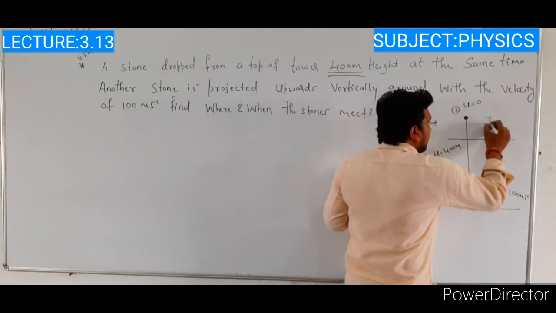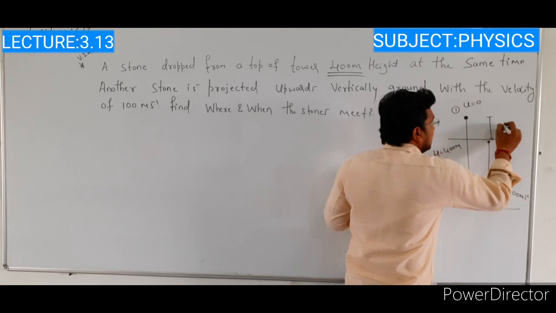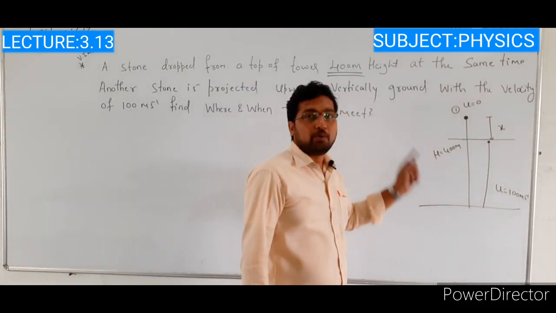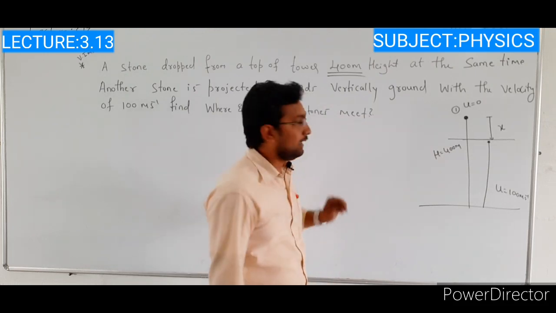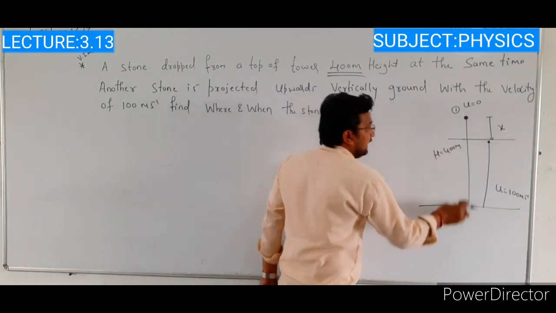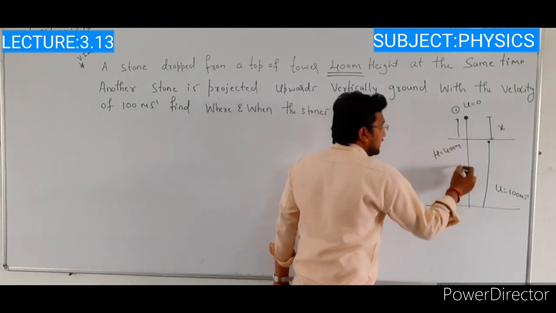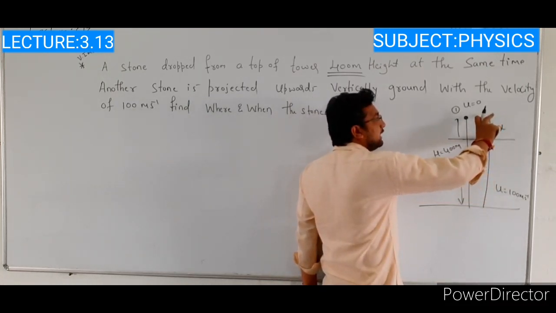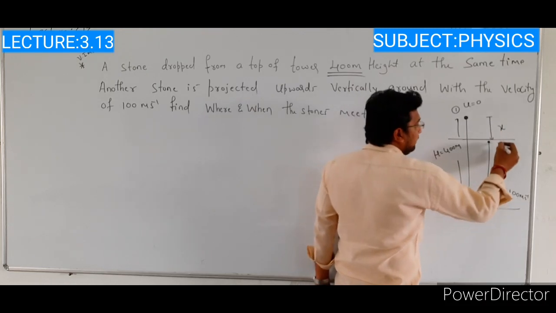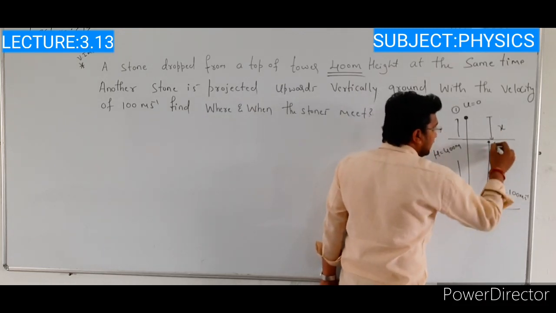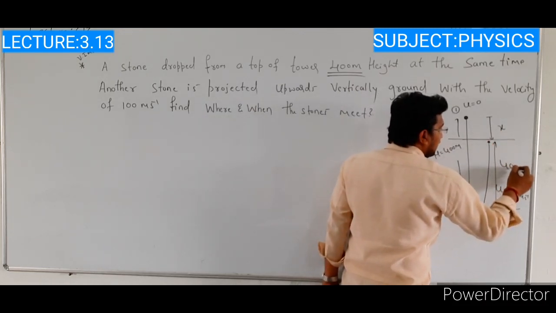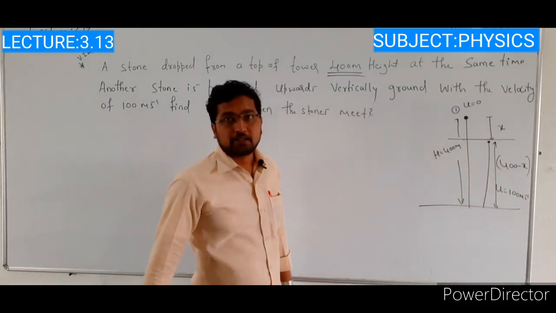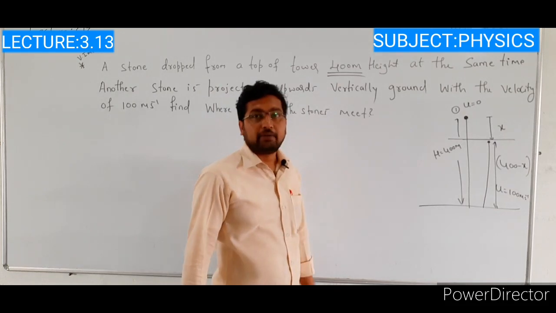The distance from the top to this position, let us assume, is x. At distance x, both the stones meet. The total height is 400 meters, and this height is x, so the remaining height becomes 400 minus x.